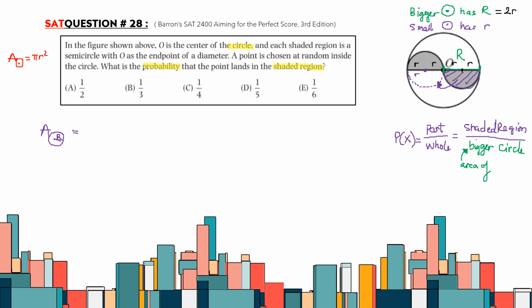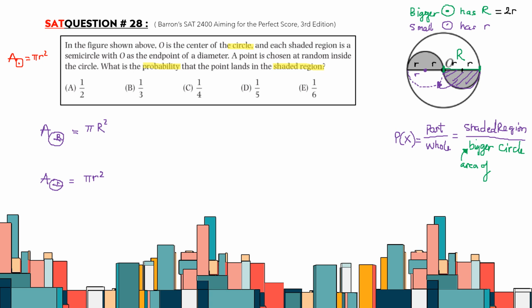So for the bigger circle, we will have pi big R squared. For the small circle with the radius little r, that is pi little r squared.